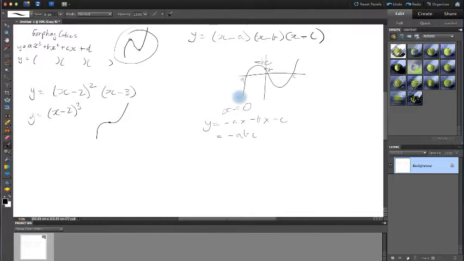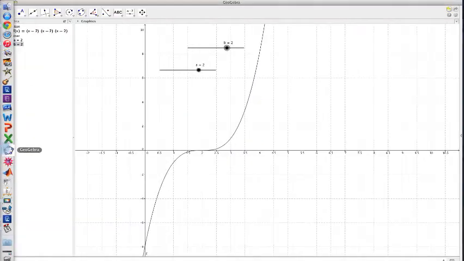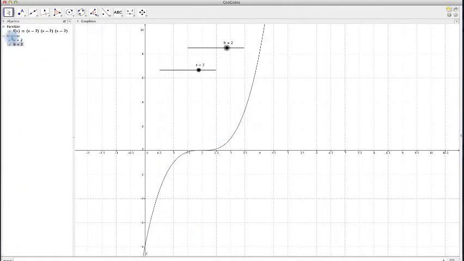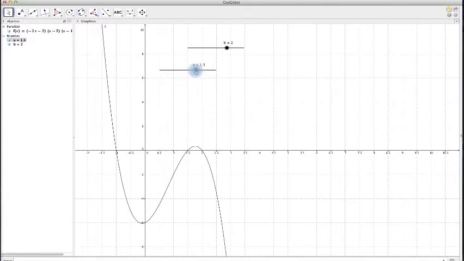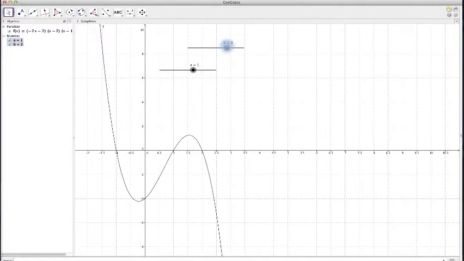Okay, now an interesting thing is, let me sketch a different graph. Let me change one of these coefficients in front of x to be negative, I'll make it negative 2, and let's change these back to the values they originally were, 1 and 3.